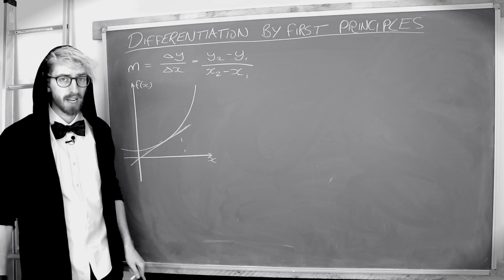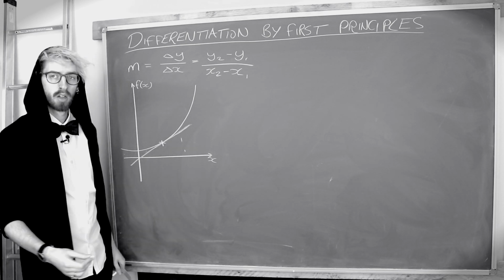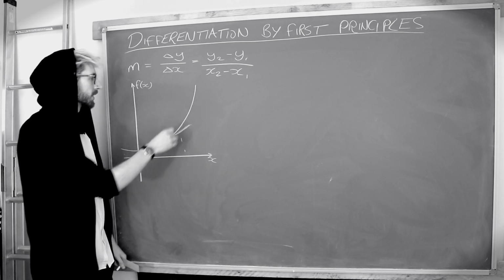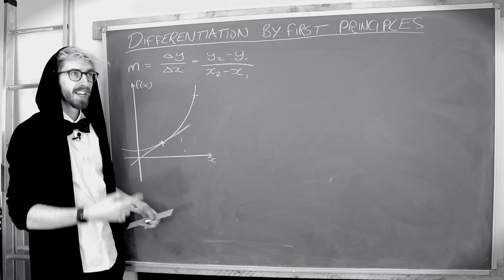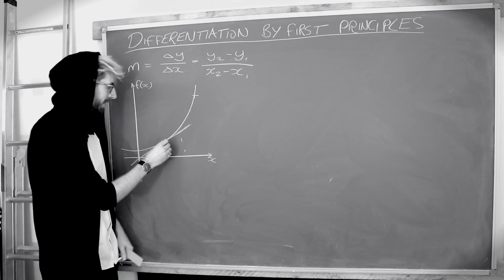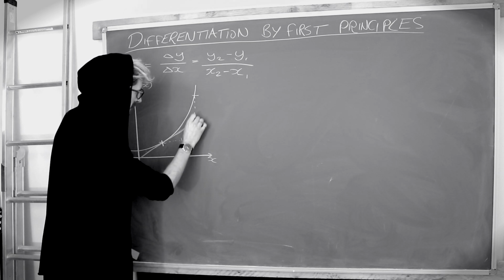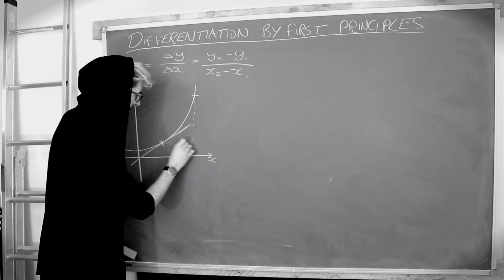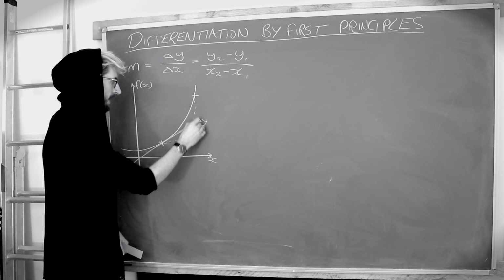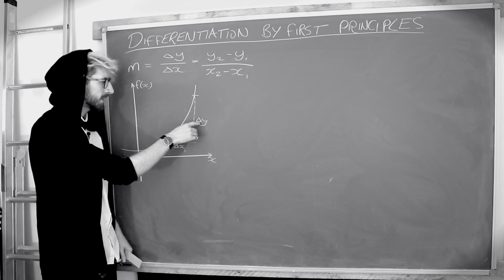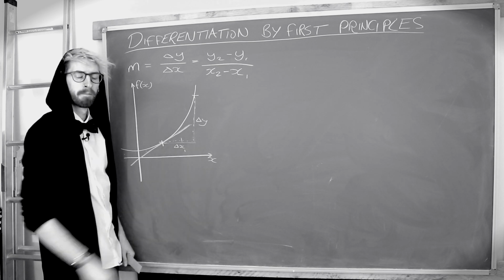So instead we take this point and choose another point on the original function, say up here. Then we do the change in y over change in x between them. So we go along and down, from there to there, and that's our change in y, and our change in x is that to that.